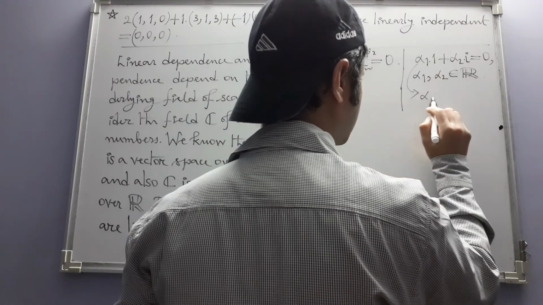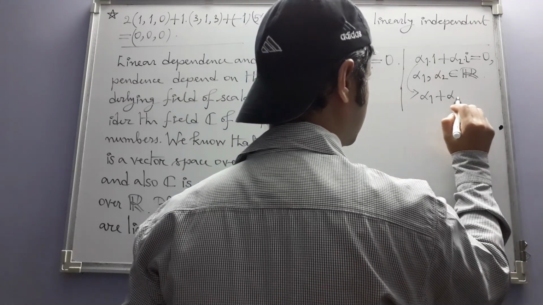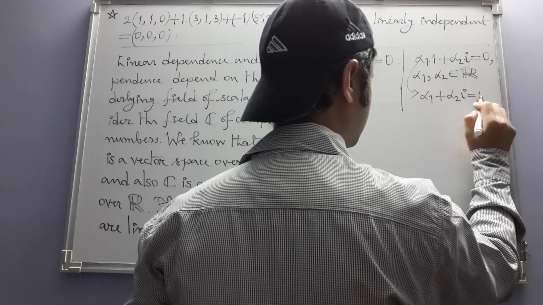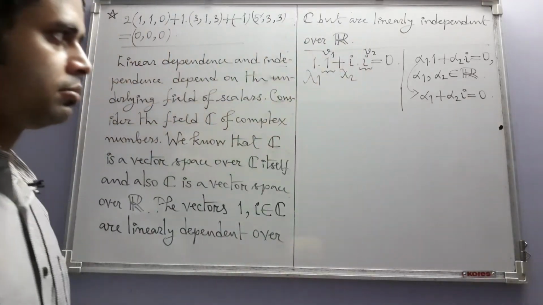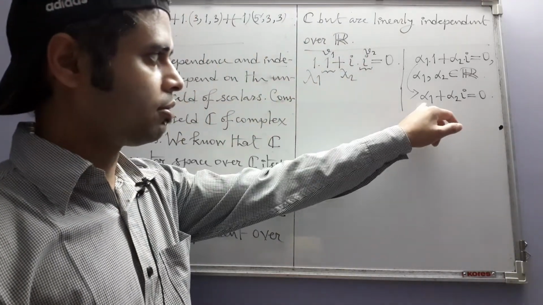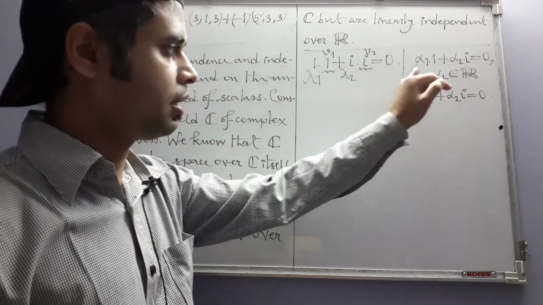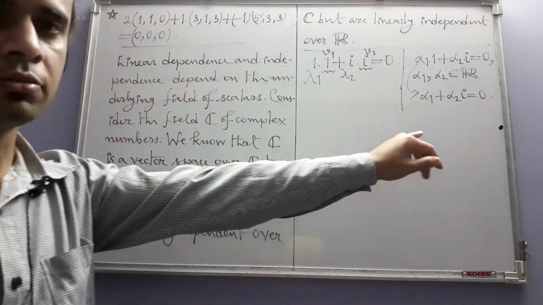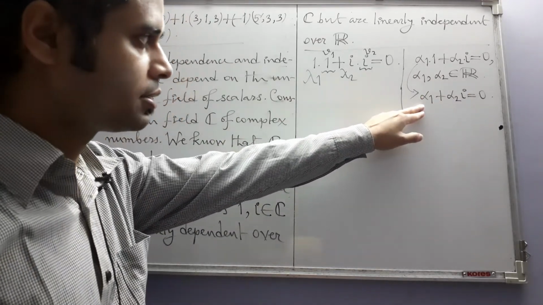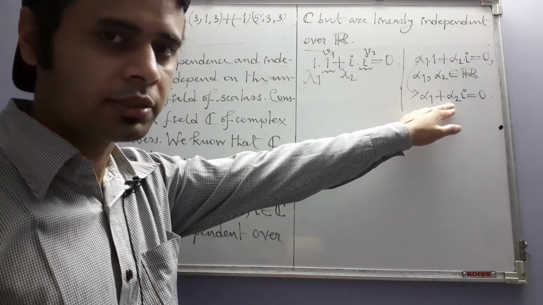This equation says that the ordinary complex number alpha 1 plus alpha 2 i is equal to 0, where alpha 1 is the real part and alpha 2 is the imaginary part.